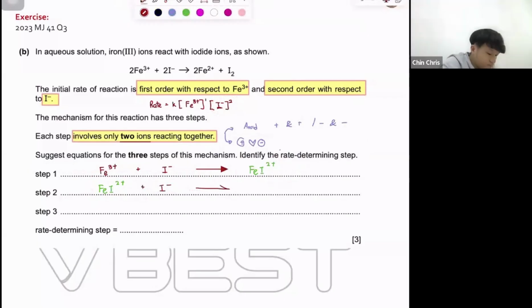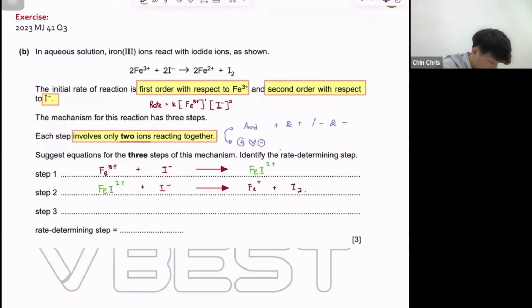What will it turn into? Fe3+, 2 I, 3+. I think just Fe+, right?